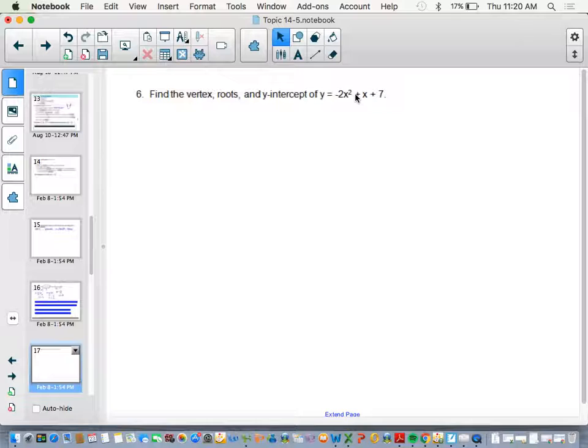Second, calc, max. Way left. Enter. Way right. Enter. Okay, we got 0.25-ish, really close to 0.25, and 7.125.